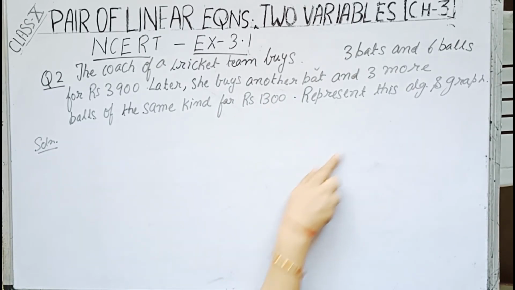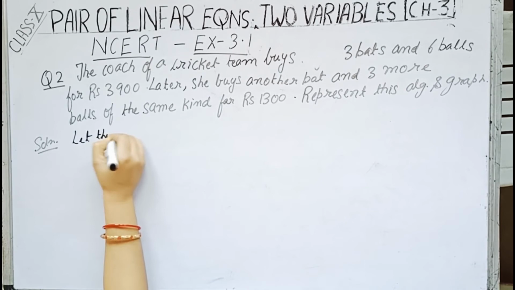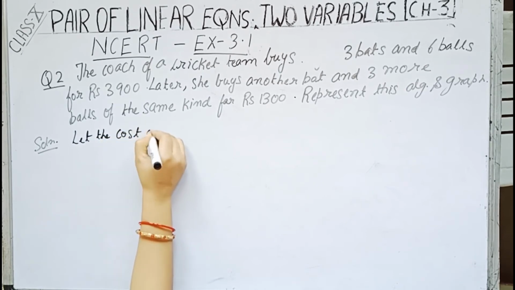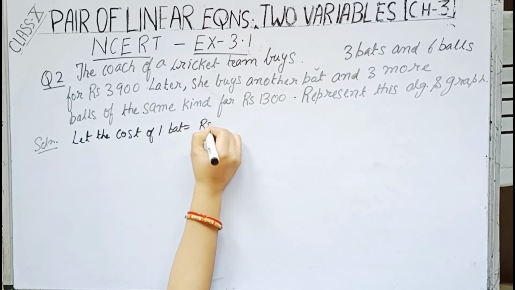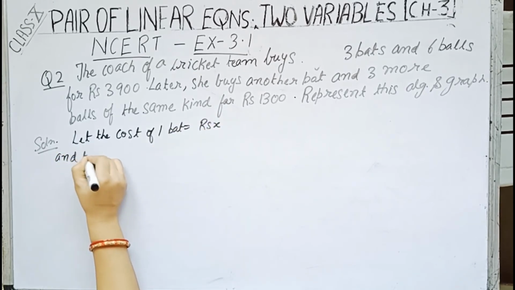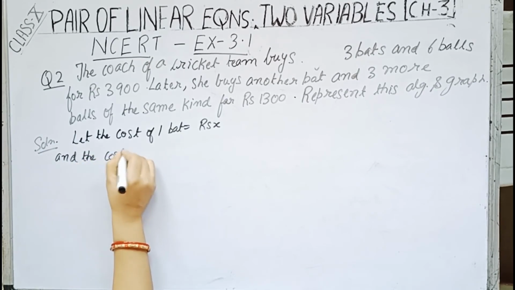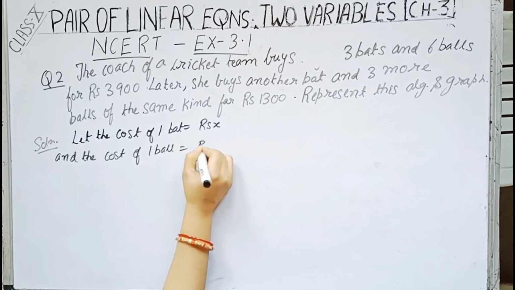Represent this algebraically and graphically. So, let the cost of one bat equal rupees x and the cost of one ball equal rupees y.